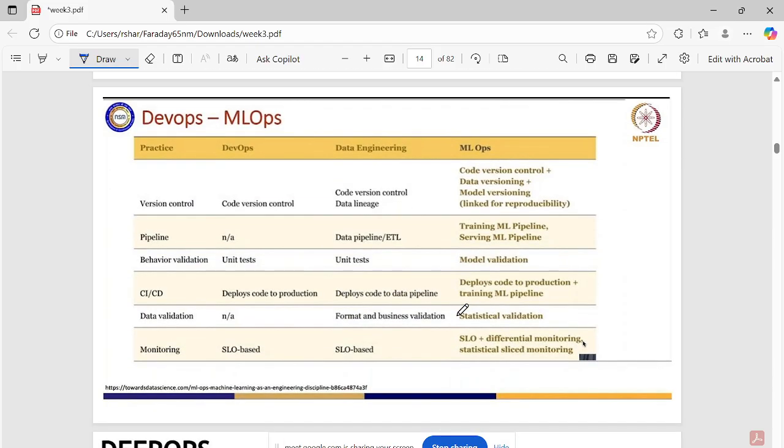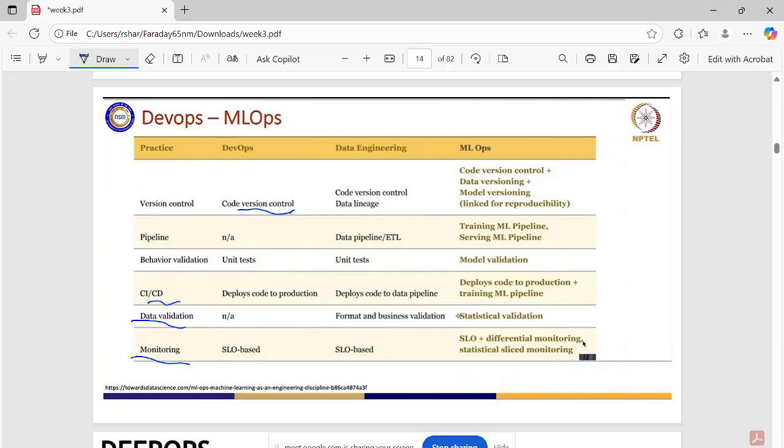Next, DevOps and MLOps. There is a bit of similarity between DevOps and MLOps, and there are differences between the two. DevOps was developed to maintain version control, a good pipeline, behavior validation, CI/CD, continuous deployment, then data validation and monitoring.